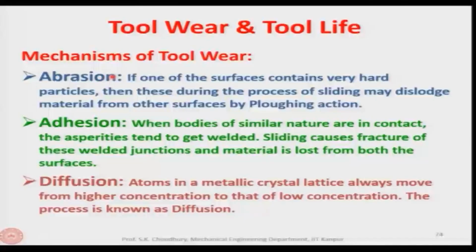Now, the mechanism of tool wear can be either abrasion, adhesion or diffusion. It can be either one of them or a couple of them together. By mechanism we mean the factors which are responsible for the tool wear. What is abrasion?